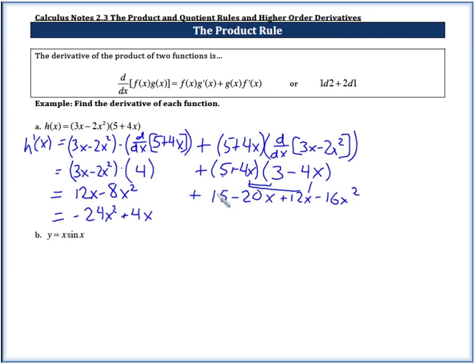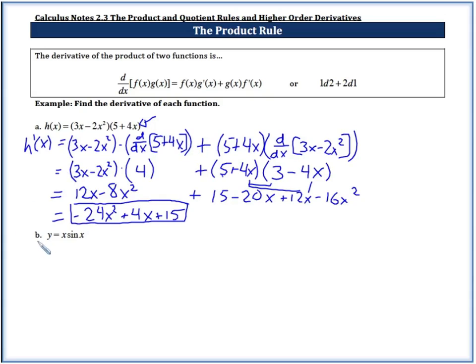And then plus 15. So this would be our derivative right here. Now, in this example, we could have actually multiplied this out first, so actually multiply the two functions together, and then found the derivative of that function.